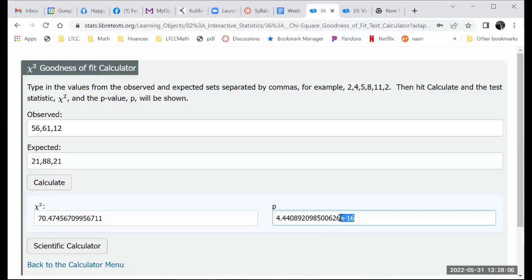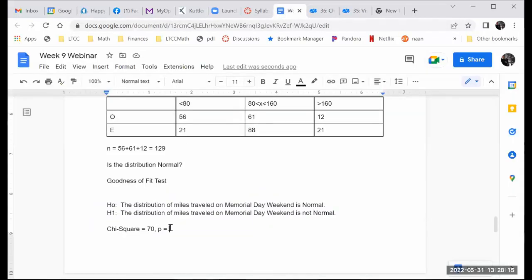So it's really, really, really low. It's not zero, by the way. The p-value is never zero, but it's really, really low. So instead of equal, I'm just going to write less than 0.000, throw some zeros in and put a 1. There we go. As many zeros as you want, basically.